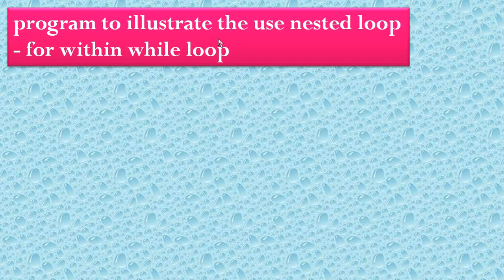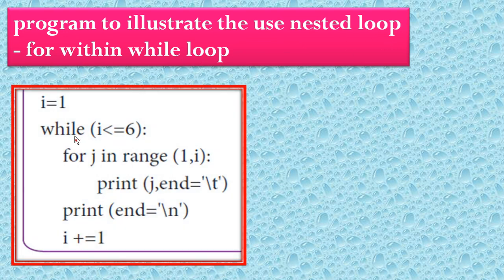This is the program to illustrate the use of nested loop, for within while loop. Here, this is the example. This for structure is within the while structure. Here, while is the outermost loop, for is the innermost loop. First of all, the I value is 1.